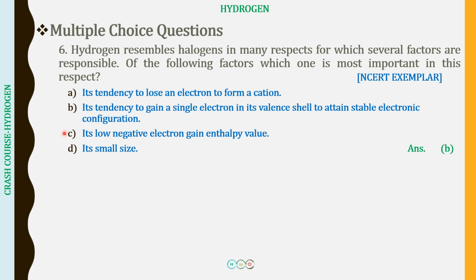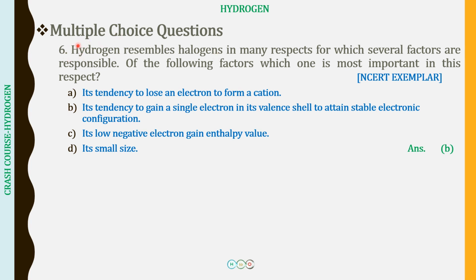Now the C choice: it has low negative electron gain enthalpy value. Well, this is also going to be similar to the alkali metals. The halogens have high negative electron gain enthalpy value. Now you would be saying that hydrogen also has a tendency to gain an electron, and halogens also have a tendency to gain an electron, so why is the value different? Why does hydrogen have a low negative electron gain enthalpy value, whereas halogens have a high one?